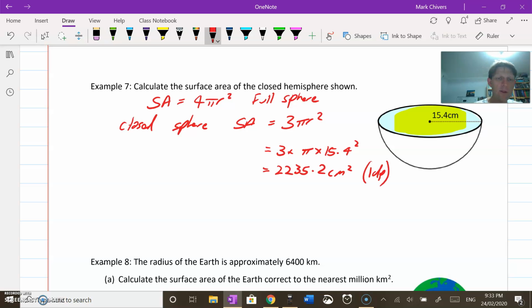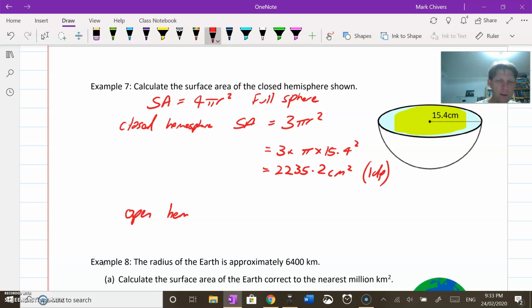Okay, so just remember that an open sphere, and I won't do this actually, that's a hemisphere. I'll rewrite that. And a closed hemisphere, sorry, that's a closed hemisphere.